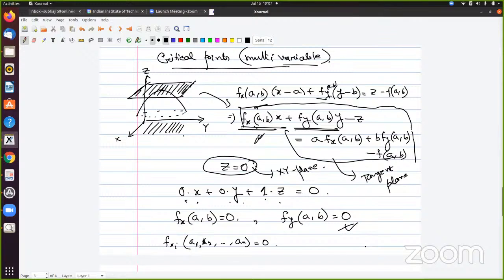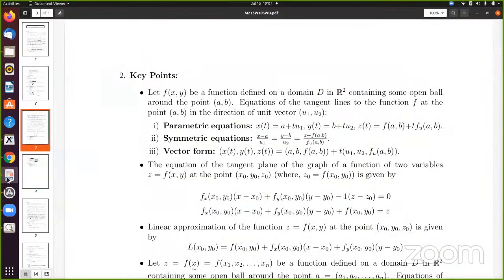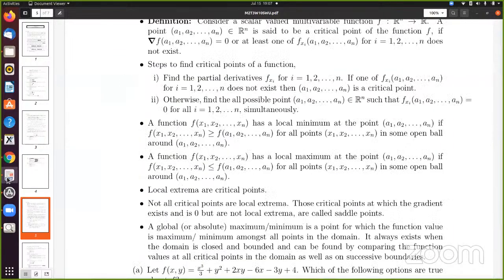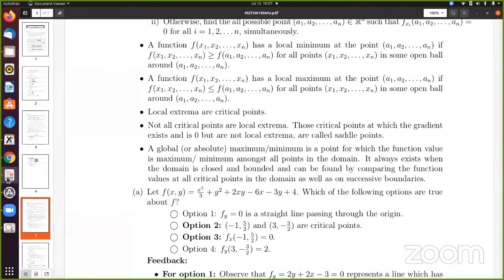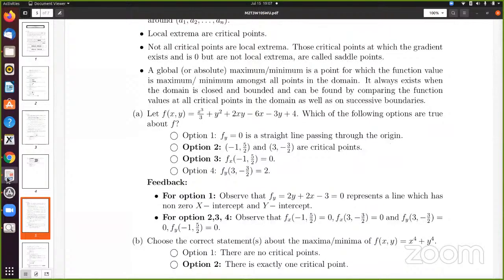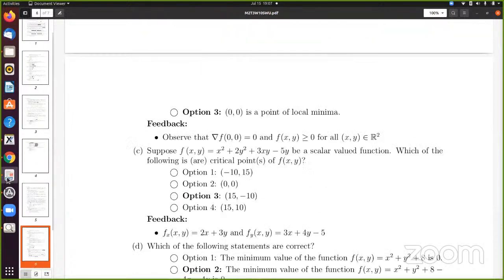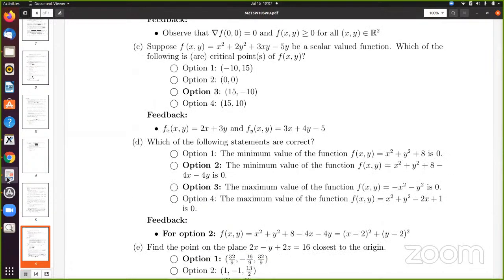Okay. Fine. So this much was the critical points. Let's take this question and try to solve a little bit.